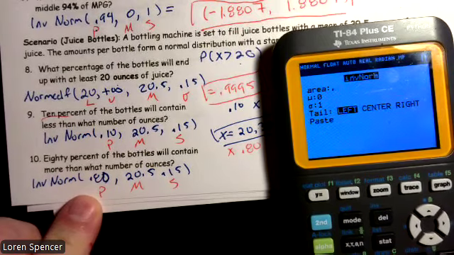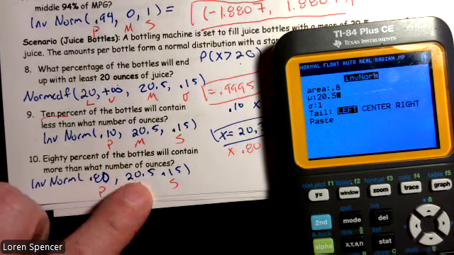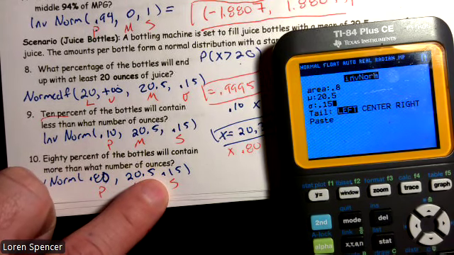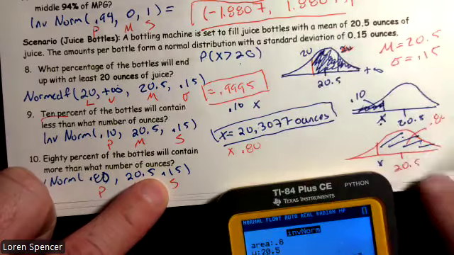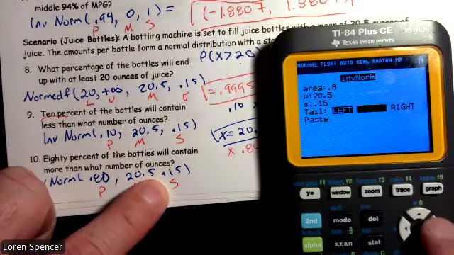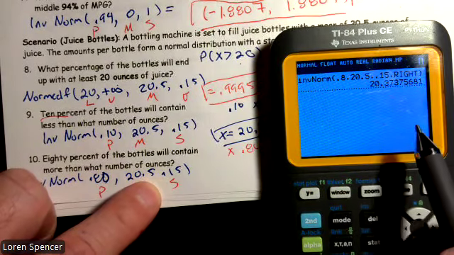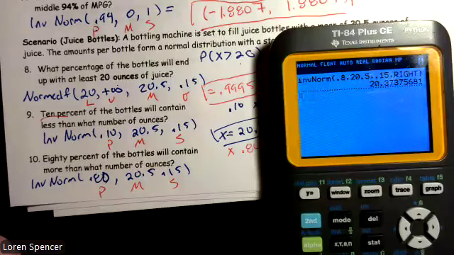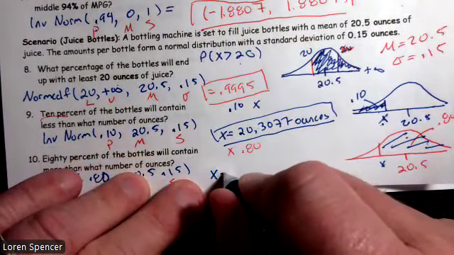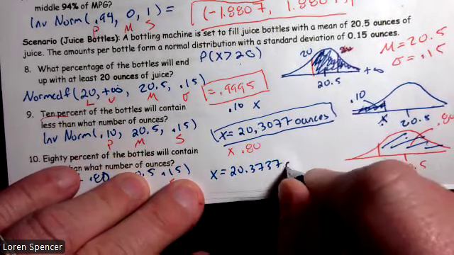Area, our probability 0.8. Mean, the actual mean was 20.5. Standard deviation, the actual standard deviation was 0.15. And we started shading from the right, so this needs to be a right-hand value. We end up getting 20.3737. So X equals 20.3737 ounces.